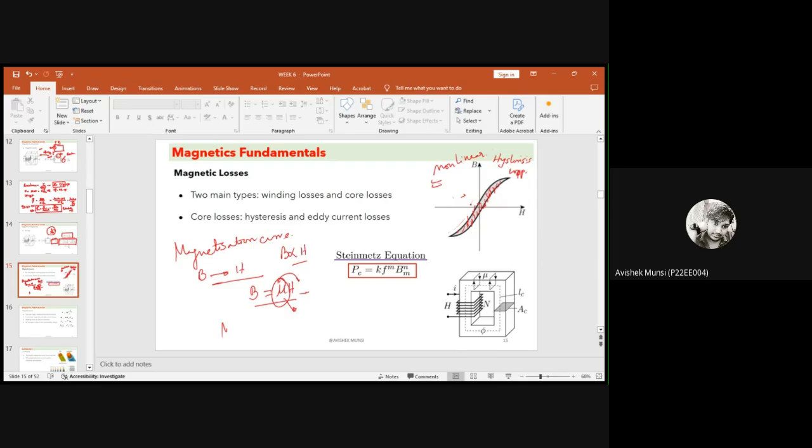Now, based on the magnetic material we select, this hysteresis phenomenon will differ. This is slim in some cases. For example, in the case of ferromagnetic materials, it will look broader, like this. Okay.